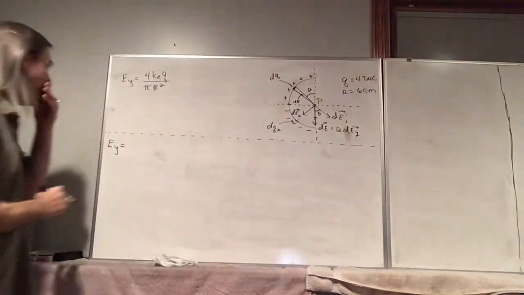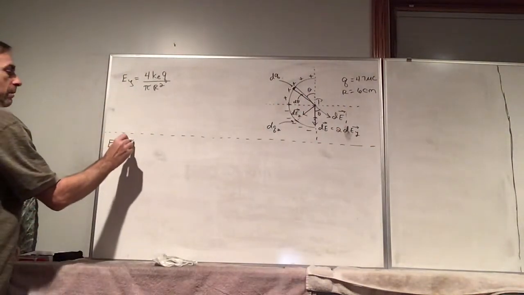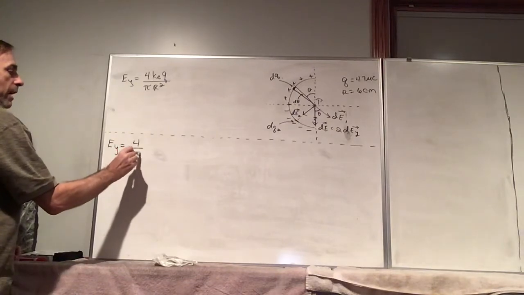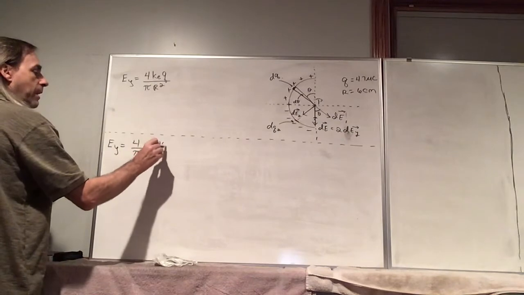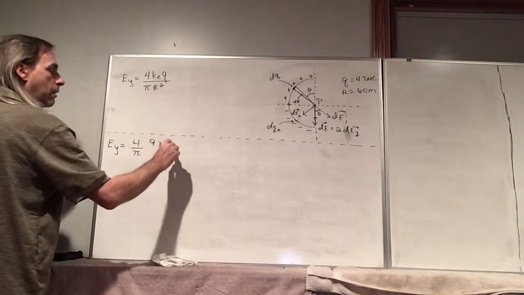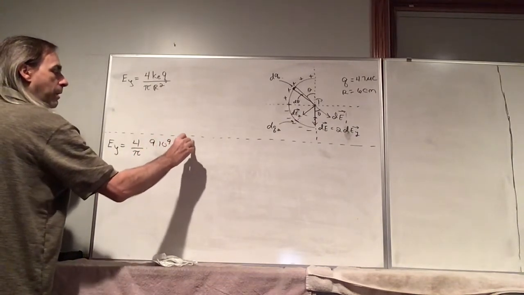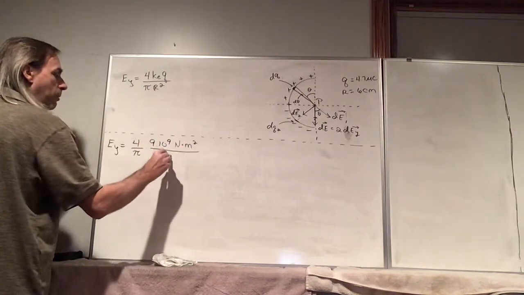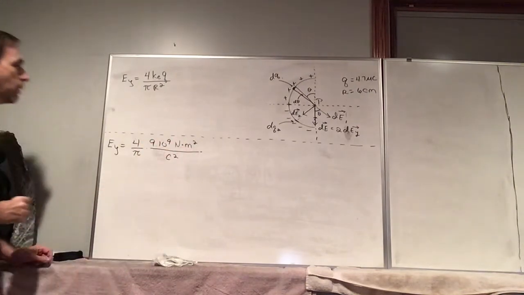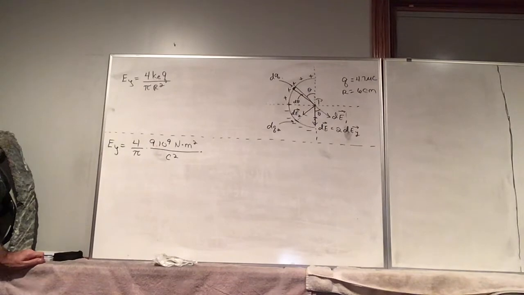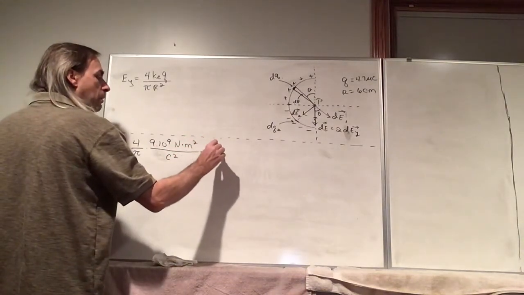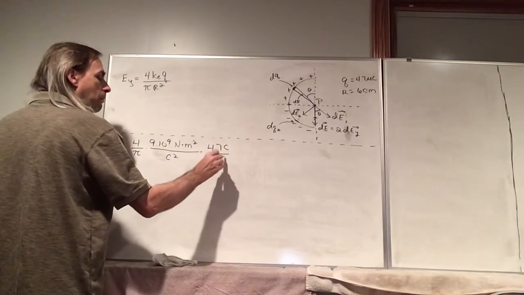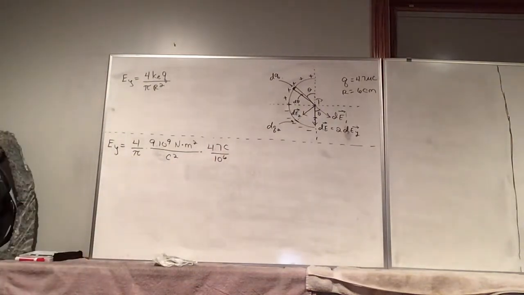Okay. So 4 over pi, we can just leave it as that for now. Ke, that is 9 times 10 to the 9th Newton meters squared over Coulomb squared. Q is 4.7 microcoulombs. Micro is 10 to the minus 6.